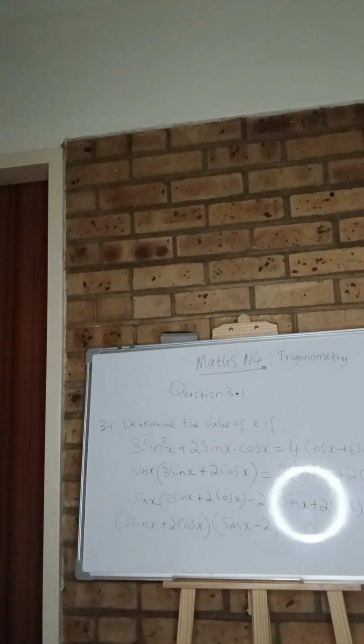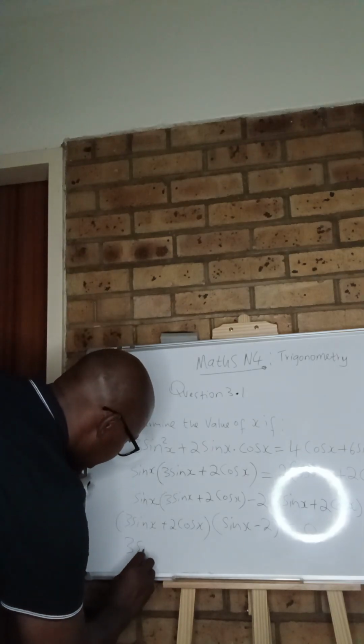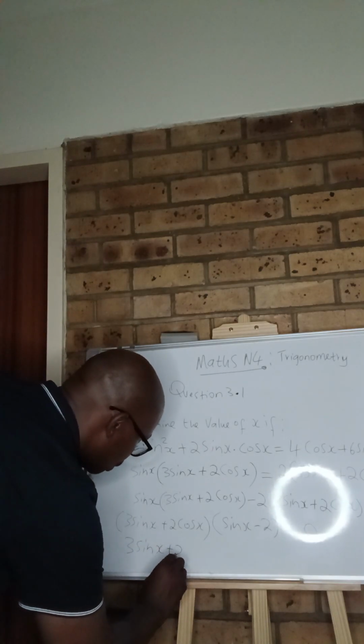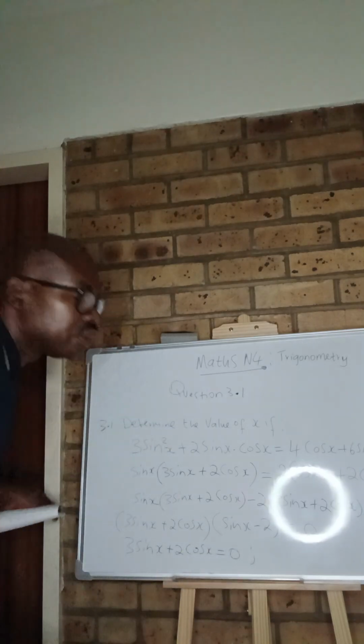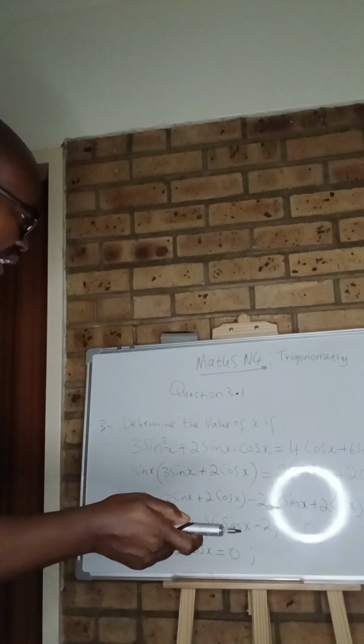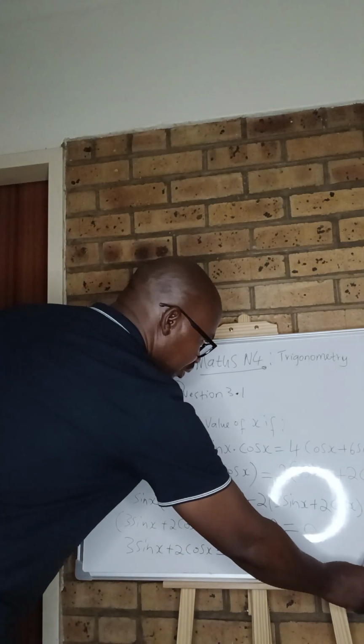Therefore, you can see that this time around we have to equate from this bracket here. We can equate 3 sine x plus 2 cos x is equal to 0. We do it just like in a situation where we are solving for x.